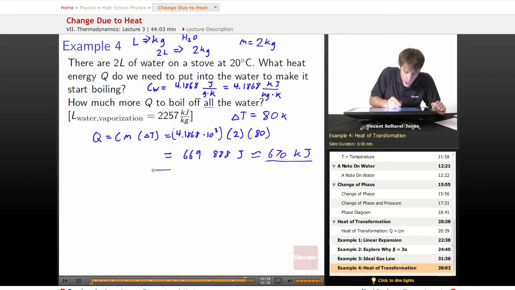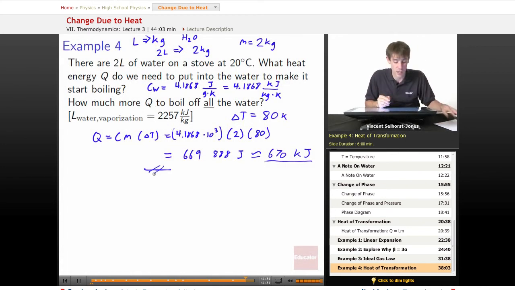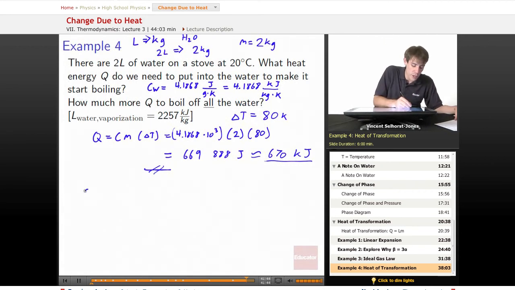From there, we now have to use the heat of transformation. The heat of transformation to get from liquid into gas, the heat of vaporization for water, is 2,257 kilojoules per kilogram. So the heat of transformation is equal to L, our coefficient of transformation, times the mass we're dealing with.